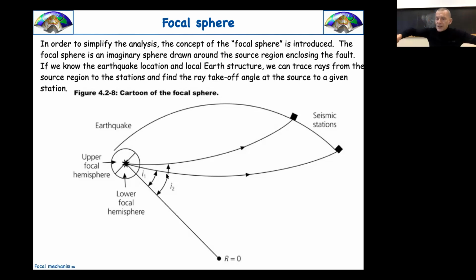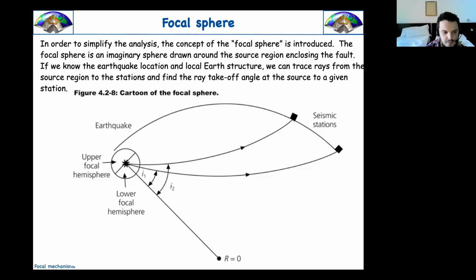Now, these rays will leave the source, and according to the structure of the Earth, they will make some angles. These angles depend upon the structure of the Earth. Now, the structure of the Earth will decide what is the future of this ray. Okay? Okay, get it.